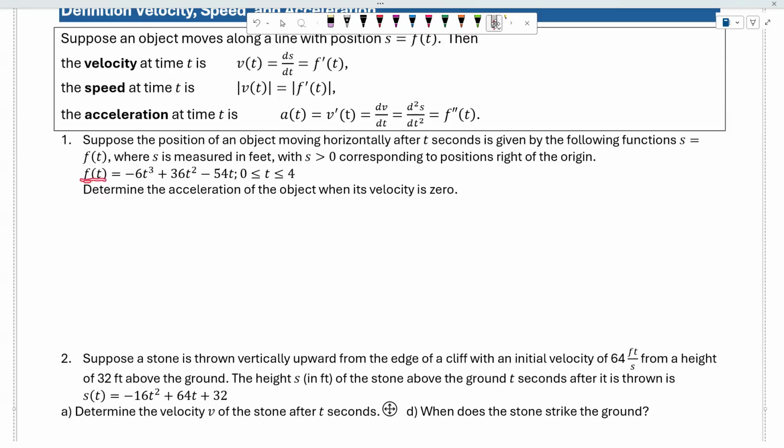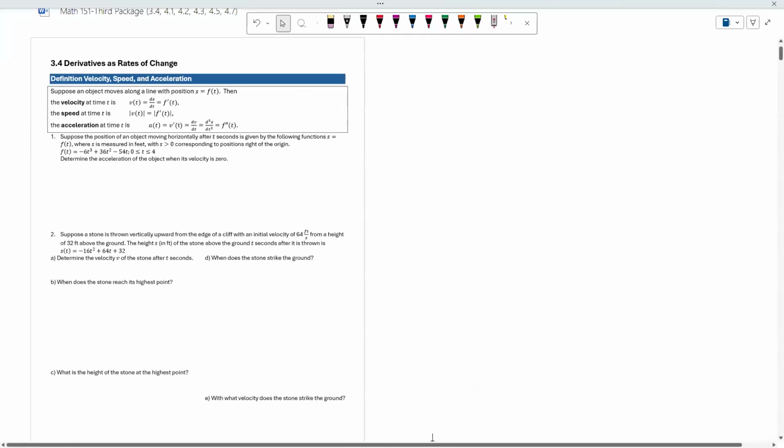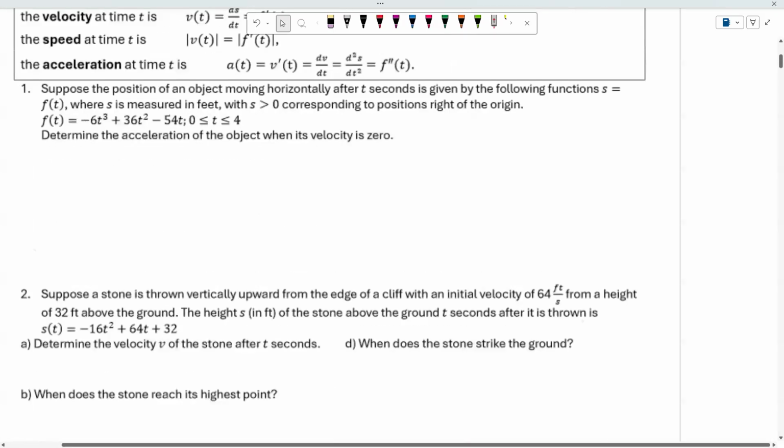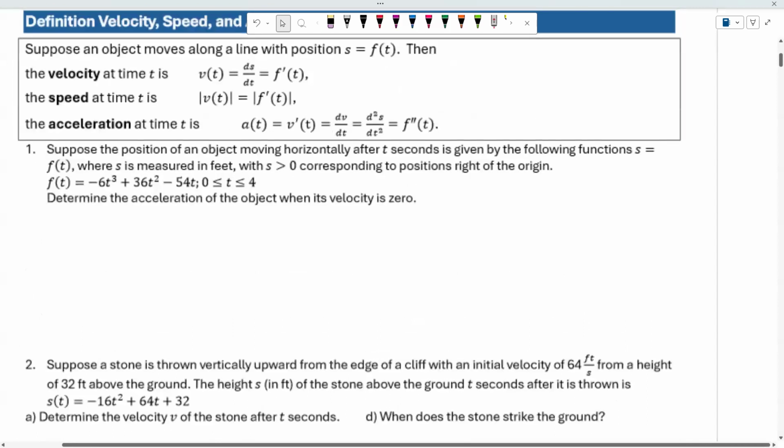Now I have a position function, and t is between 0 and 4. So we have a time interval. What I would like to do is determine the acceleration of the object when its velocity is 0.